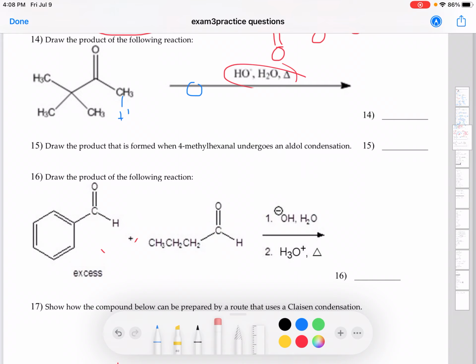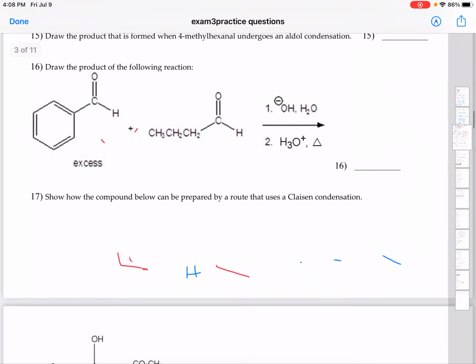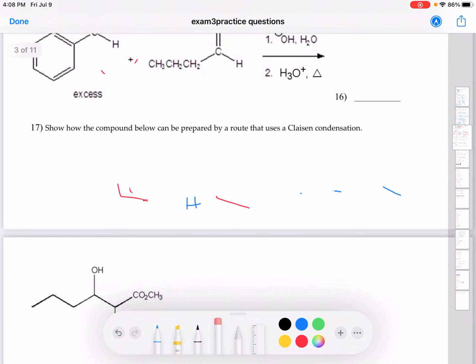So what is 4-methylhexanal? Let's go ahead and draw it.